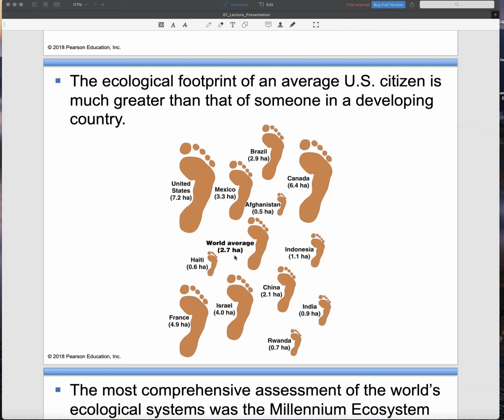Okay, well, this information is from 2015, but if you go to the page that I gave you, you're going to see that the number hasn't changed too much in the last 7 years. Okay, but as you can see, the ecological footprint all over the world is different.